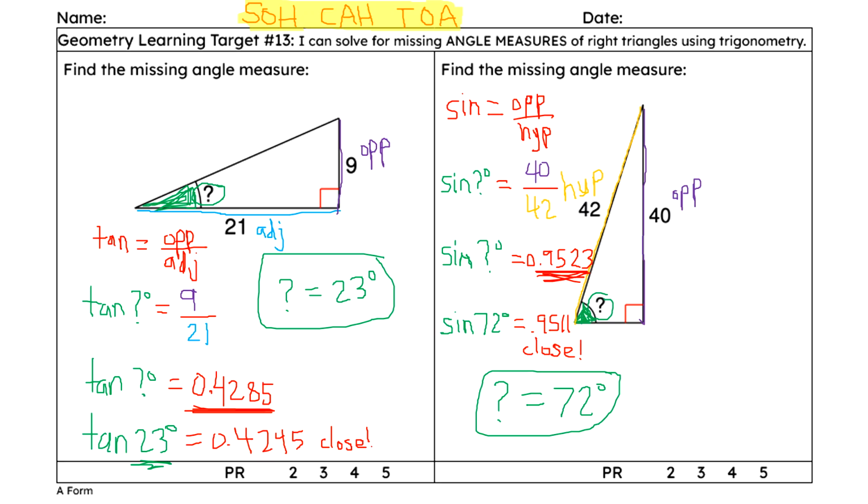Is it sine that compares opposite and hypotenuse? Is it cosine, which compares adjacent and hypotenuse sides? Or is it tangent, which compares the opposite to the adjacent sides to that reference angle of a right triangle? Once you got that, you can either find the ratios and look up the angles, or like we did in the previous one, you can look up the ratio for a given angle and then find the missing value that way.